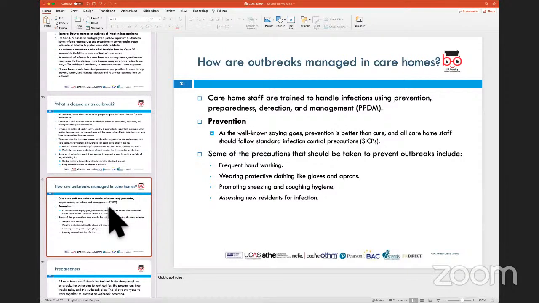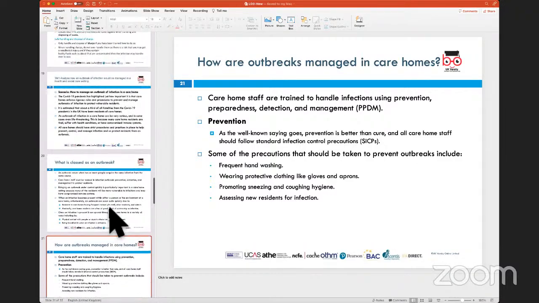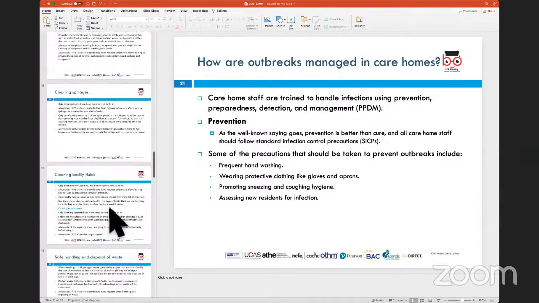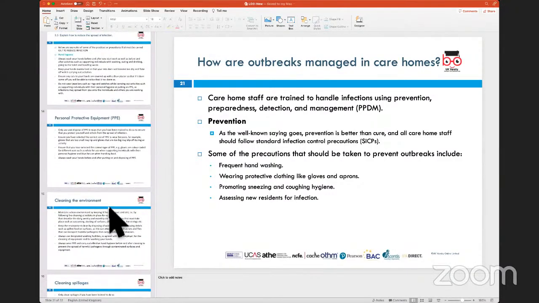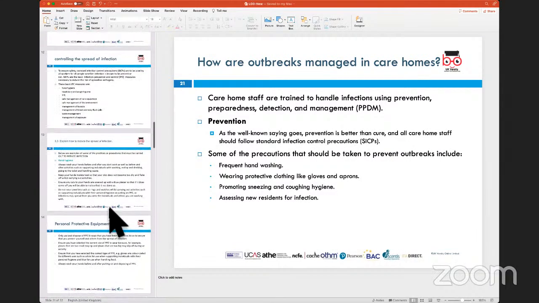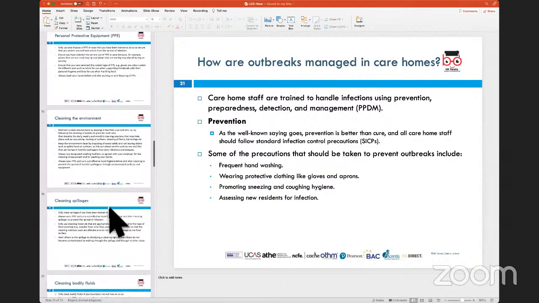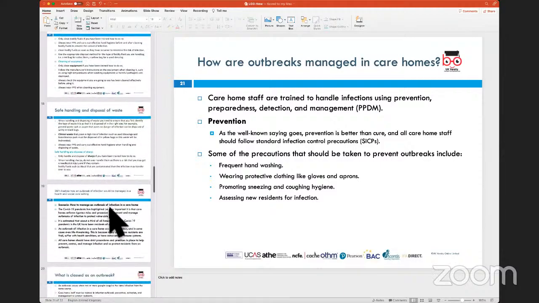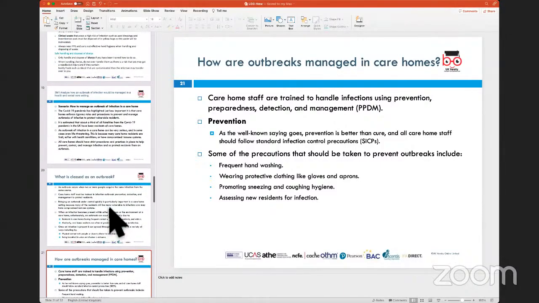And what I've done in the subsequent slides is talk about what we mean by prepare. That means using the SICP guidelines, which are the guidelines provided by the infection prevention and control organization, and the procedures which the government has put in place, things like how standard infections can be controlled and what precautions can be taken, to prevent the outbreak of COVID-19 in a care home.